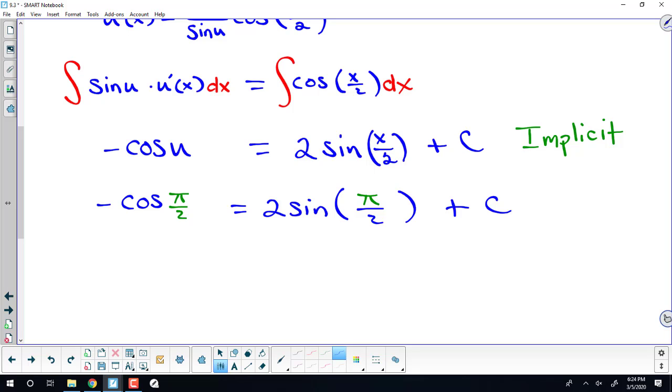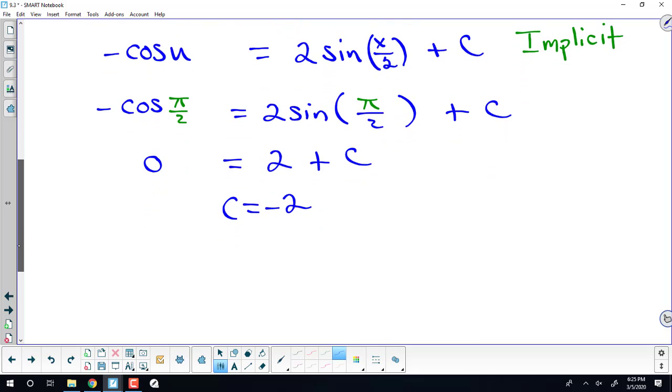Negative cosine pi over 2 is 0, and sine of pi over 2 is 1. So we have 0 equals 2 plus c, or c is negative 2.